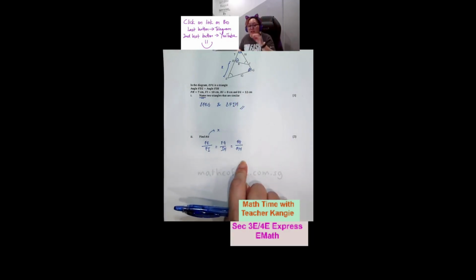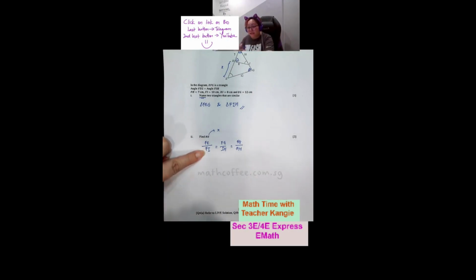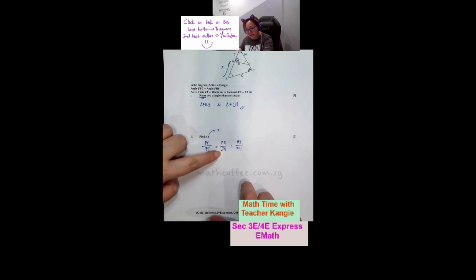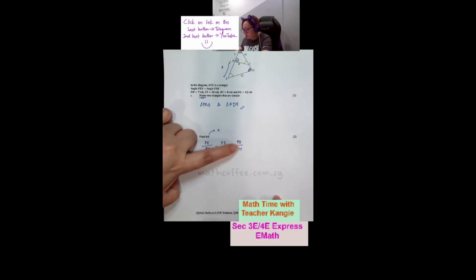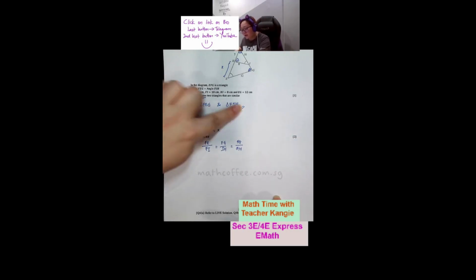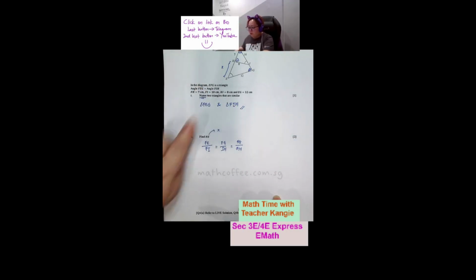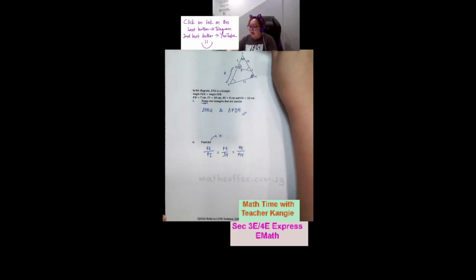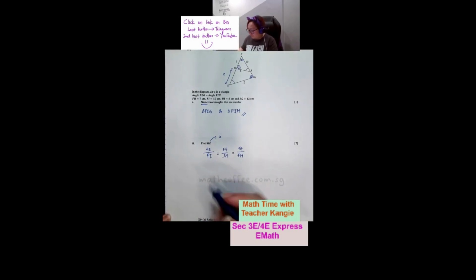So these fractions are the corresponding lengths. That means FE over FI is the same ratio as EG over IH, which is the same ratio as FG over FH. So for similar triangles, you always write out the 3 fractions first, based on the alphabet order: 1, 2, 2, 3, and then 1, 3. Make it very systematic. Then after that, go to your diagram and fill in the blanks.